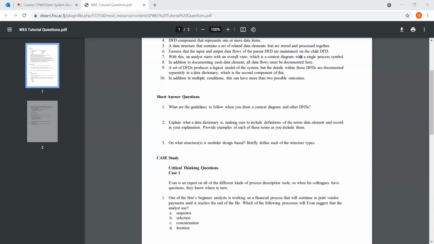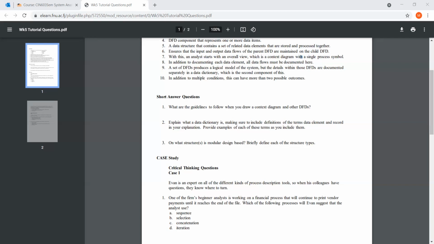The completion of a process step that is repeated until a specific condition changes.